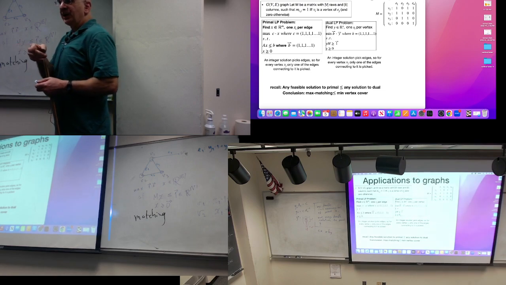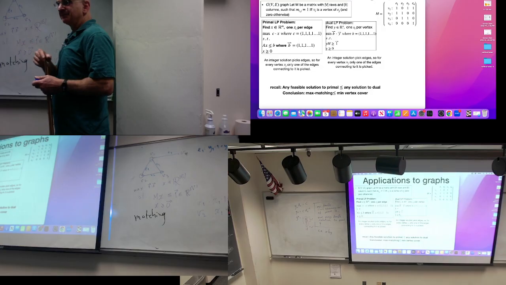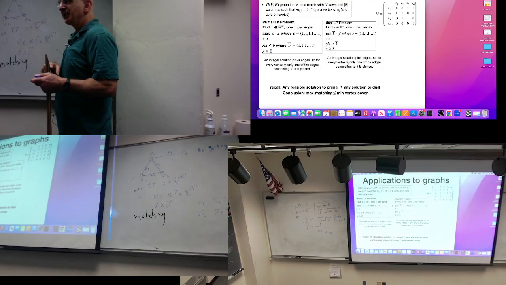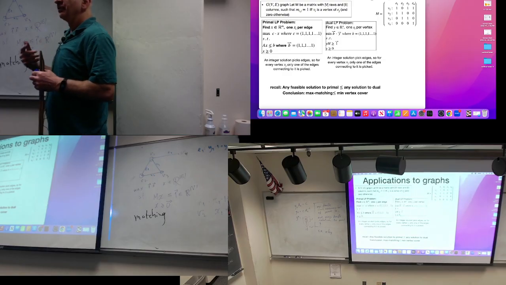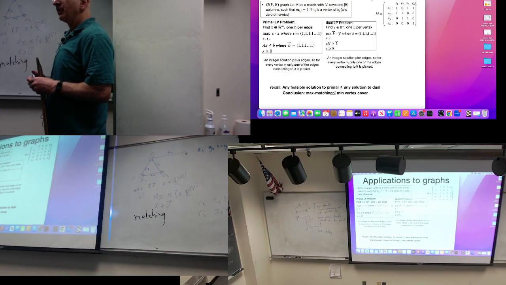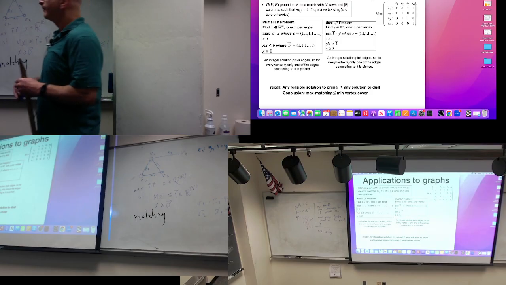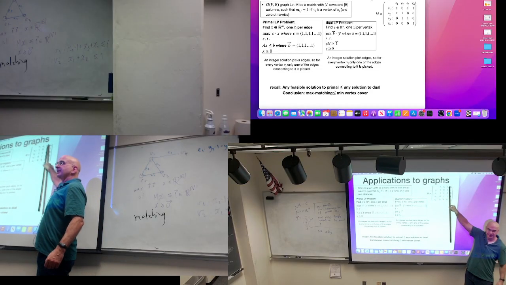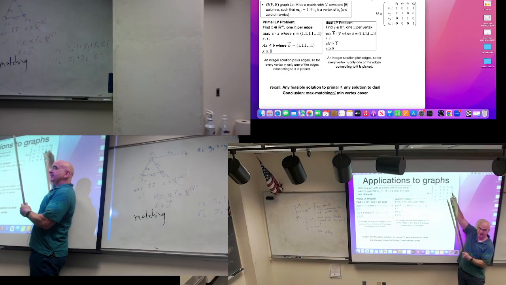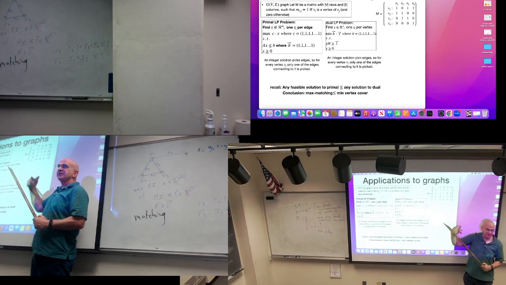So now is your time to say that this is, I mean, you already said the correct answer just for the matching. It's a vertex cover. You want to pick as few vertices as possible so every edge is covered. For each one of the edges, at least one of the two vertices that connect to this edge must be picked.